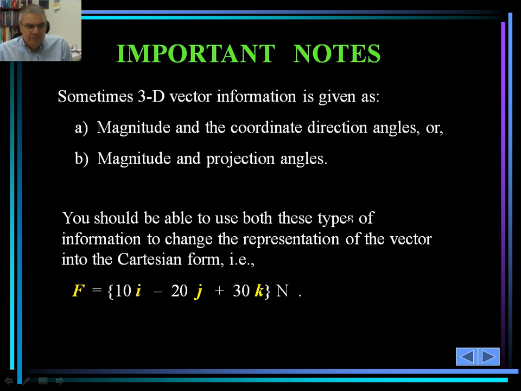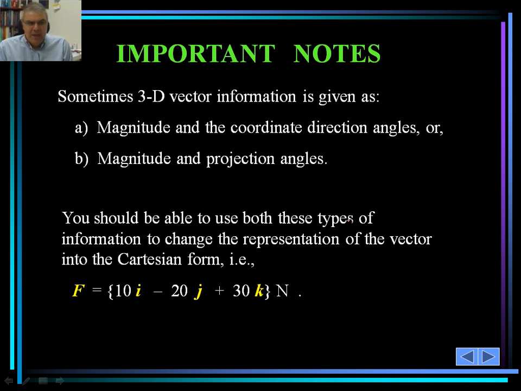Okay, so some of the important notes that we need to know. Sometimes 3D vector information is not given in a form that is easy to work with. For example, we might know the magnitude and the coordinate direction angles, or we know the magnitude and projection angles.